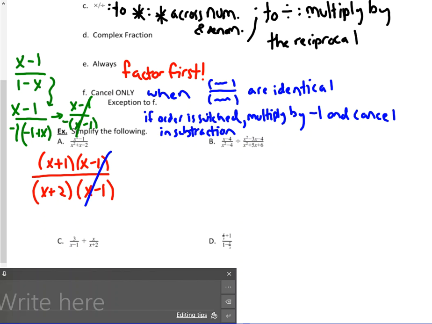Basically, these divide into 1, and we are left with whatever's left. In this case, x plus 1 over x plus 2. And that is our final simplified answer. Gorgeous.